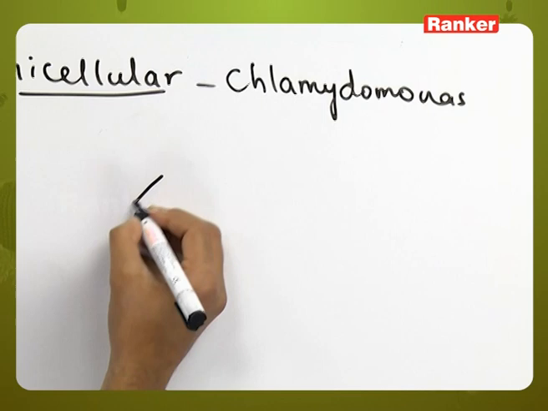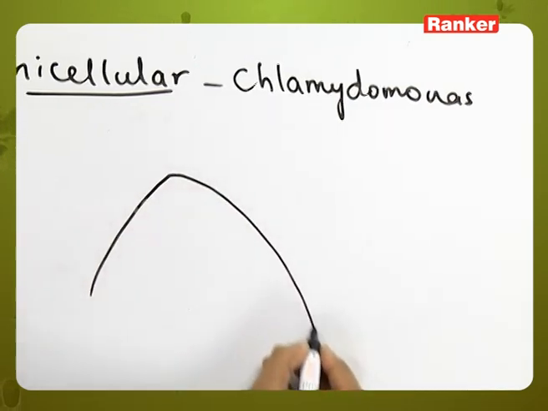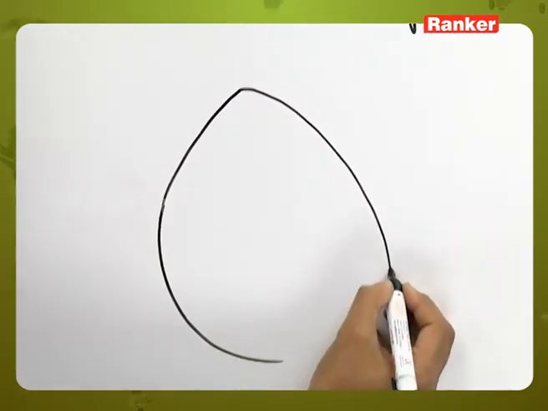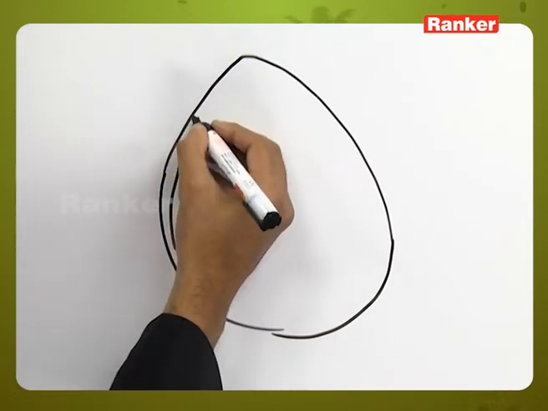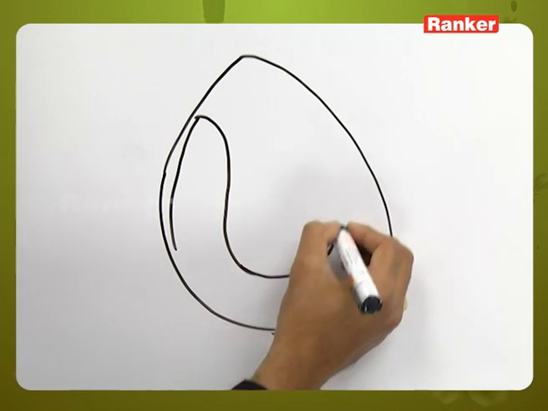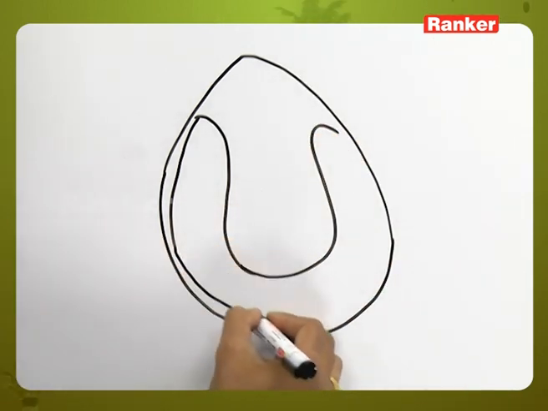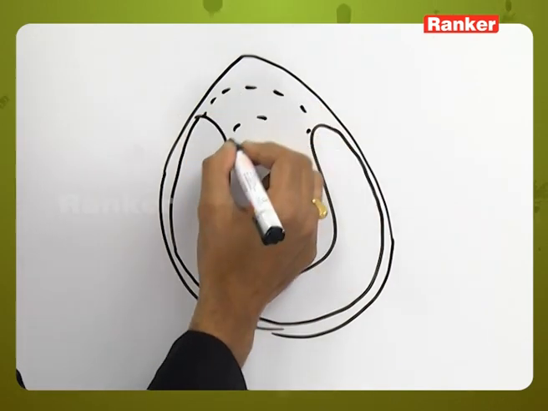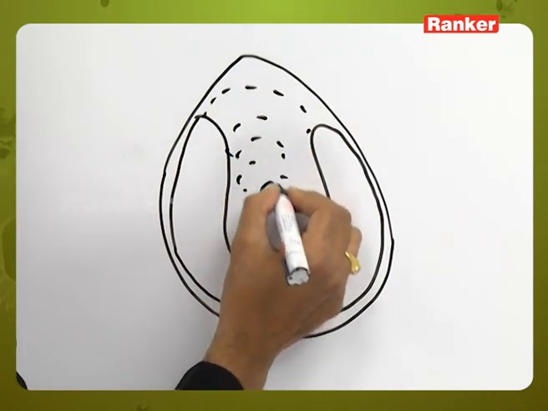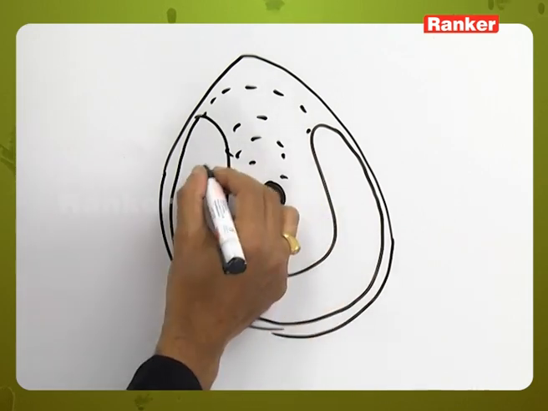If you observe this, this is the structure of Chlamydomonas, in which we can see the cup shaped chloroplast inside the cytoplasmic contents, in which the nucleus is also present.